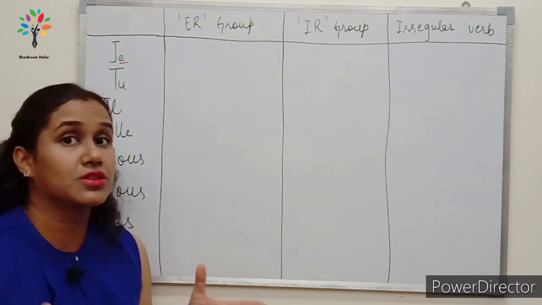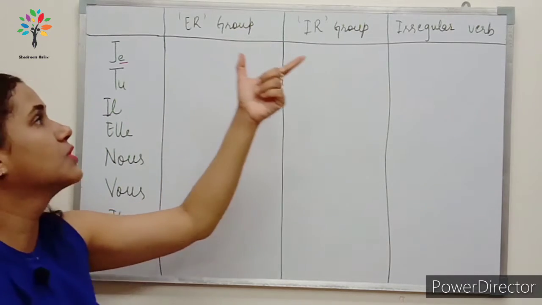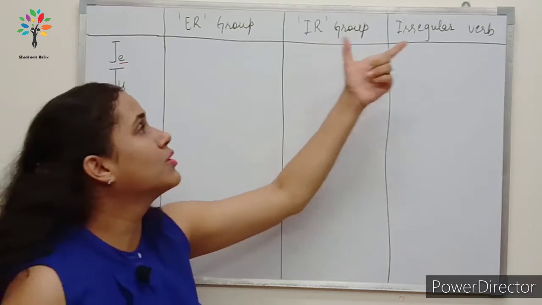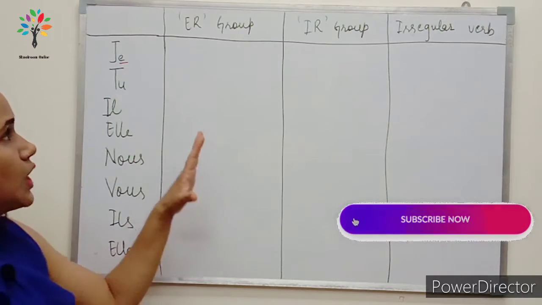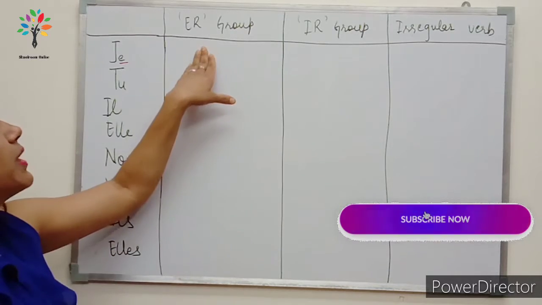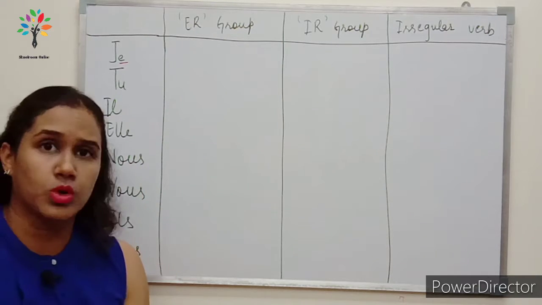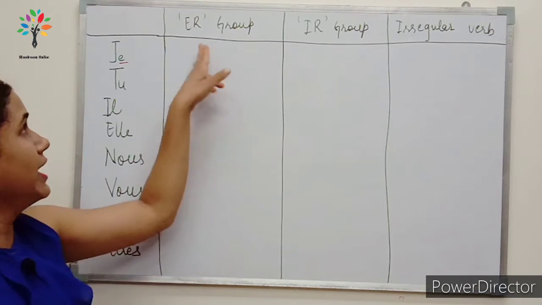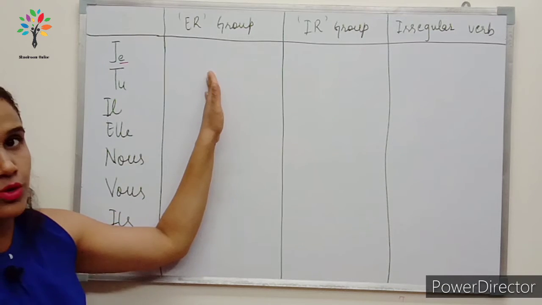The three groups of the verbs are the er group verbs, the ir group verbs, and the irregular verbs. Out of these three, the biggest group is formed by the er group verbs. 90% of the verbs in French language end in er and they belong to this er group.